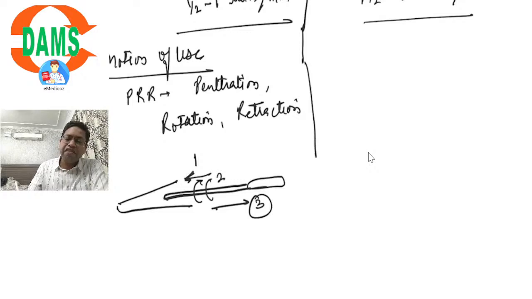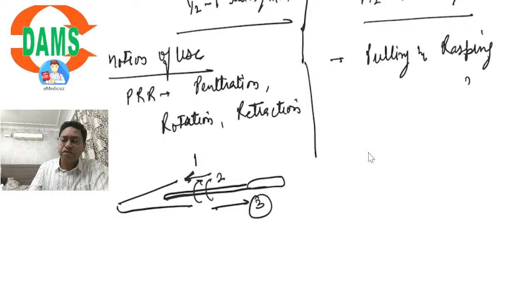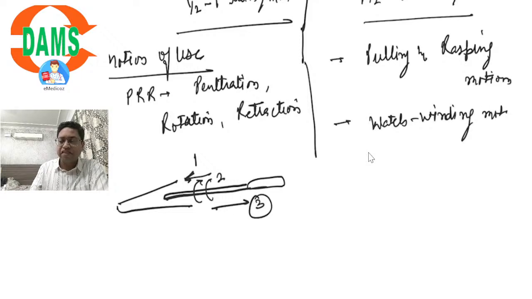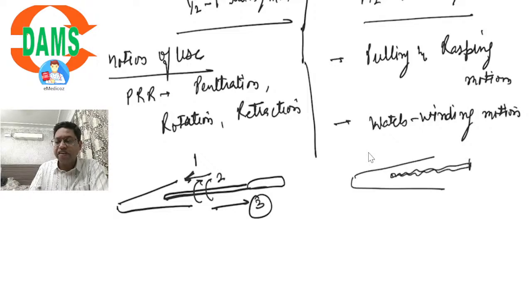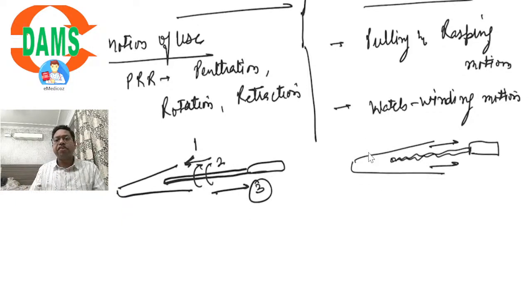The motion of use for files is basically a pulling and rasping motion, which is a linear motion. Sometimes we also use a watch winding motion for the files. These are the two principal motions that we use for the files. If this is the root canal and this is a file being inserted inside the root canal, the linear motion against the wall of the root canal is called pulling and rasping.